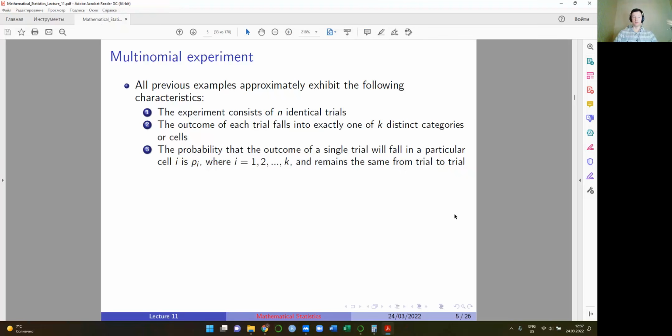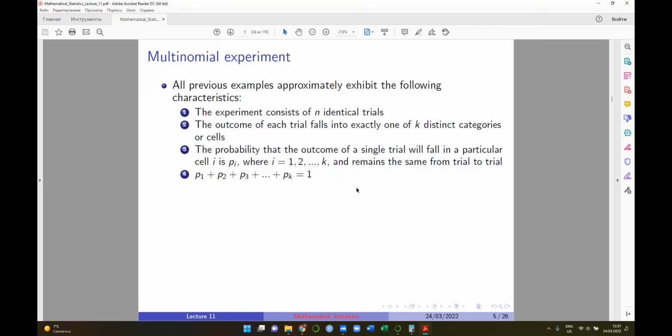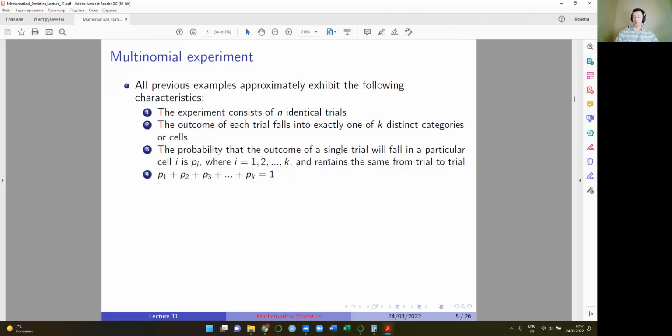Which means that if we randomly select a person, the probability that we select a married person, for example, stays the same. If we randomly select another person, the probability that we will select a divorced person stays the same for every other trial. The sum of all probabilities must be 1, because of the definition of probability, and the trials must be independent.